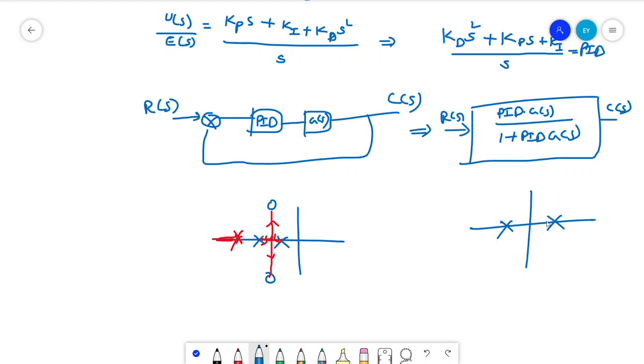Then our open loop system will be unstable, right? The locus starts here, and it may go to this end or this side, depending on the dominance of the pole nearest to it. It may reach infinity. We don't know the direction because there are only two poles.